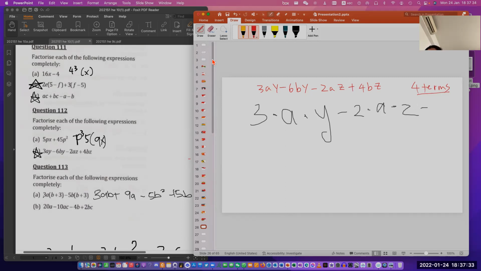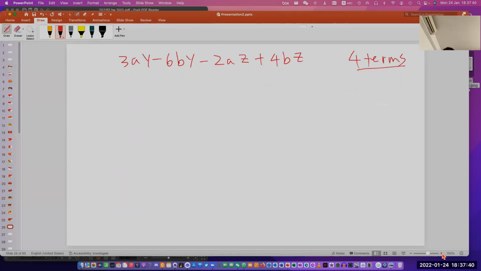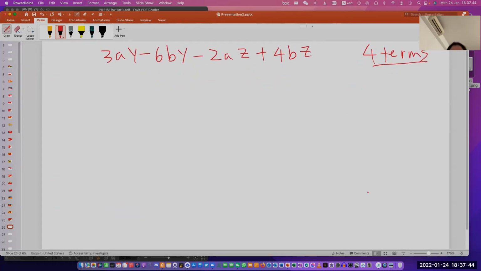Can you manage the space? Okay, let me just give you the entire space. Good. Big enough? Yeah, good.